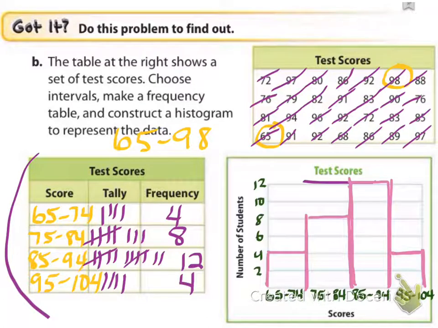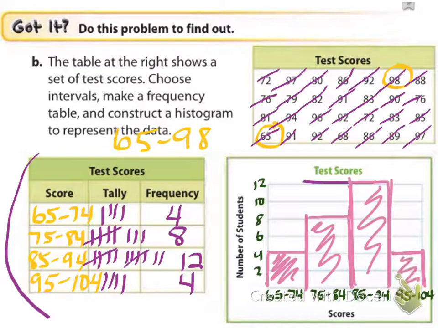And so when I wrote in my scores and my intervals, I showed that there were 4 of them that showed up for my 65 to 74, and so on and so forth. If I were to interpret this graph, I would say that the lowest score that people got was in the 65 to 74 range, and that the highest was between 95 and 104.